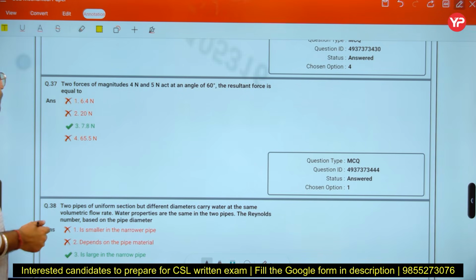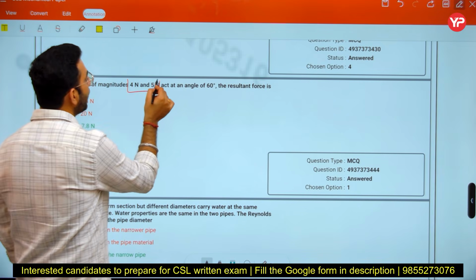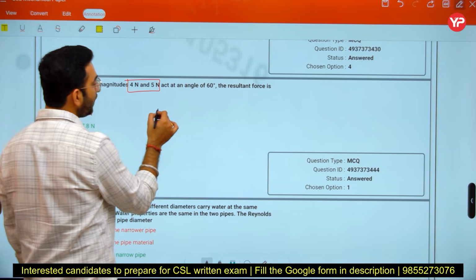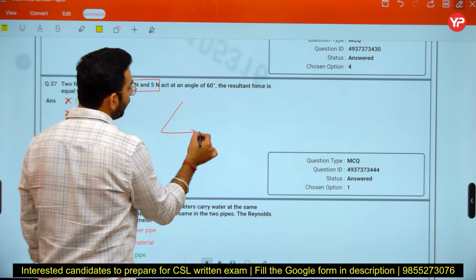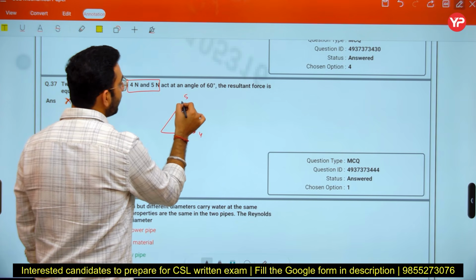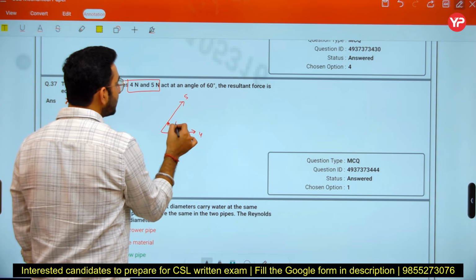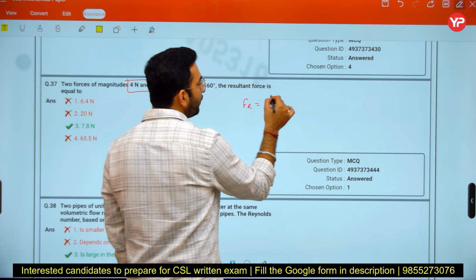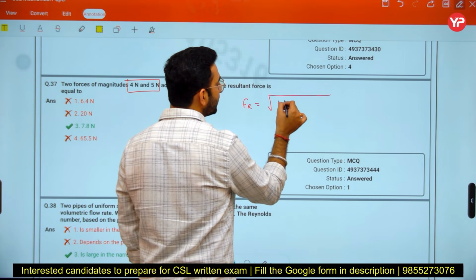Next, two forces of magnitude 4 Newton and 5 Newton act at an angle of 60 degrees. The resultant force is equal to? Here we have two forces, one is 4 Newton, the other is 5 Newton, with an angle of 60 degrees between them. To calculate the resultant force, you can use the parallelogram law of vector addition.